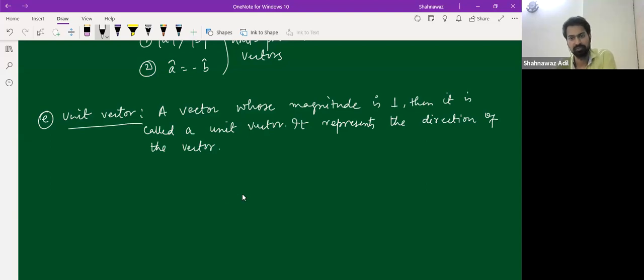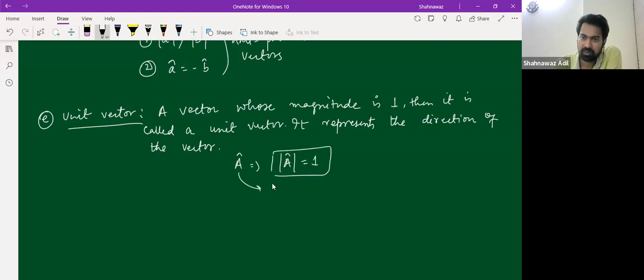So this A hat is a unit vector. Do you want to note this down, or do you know this already?